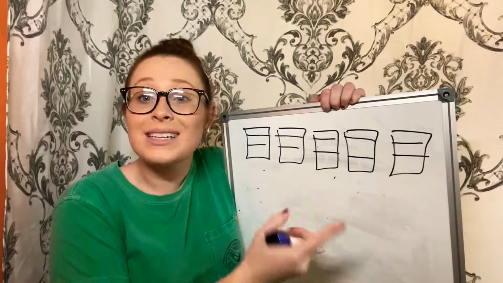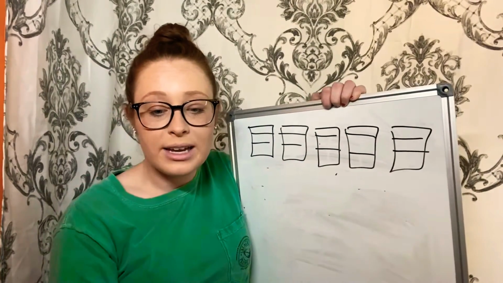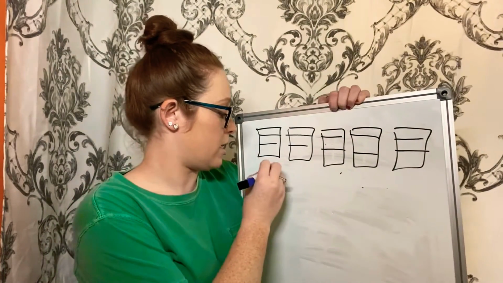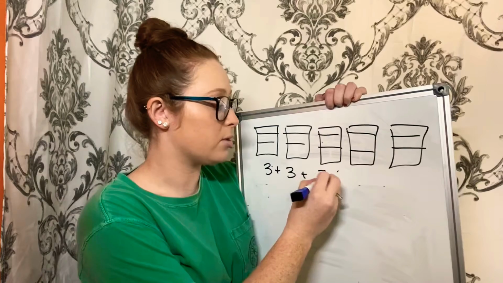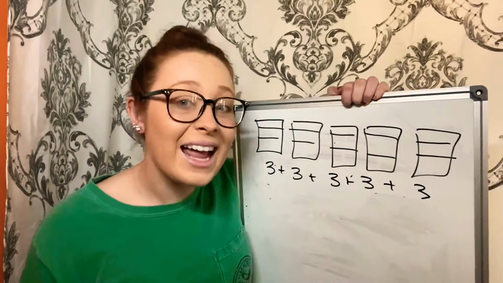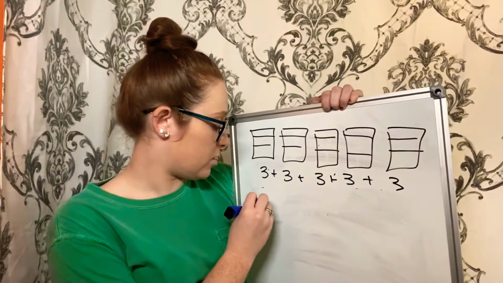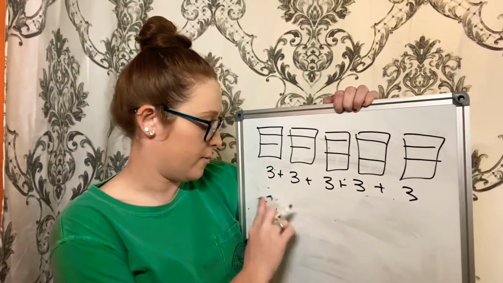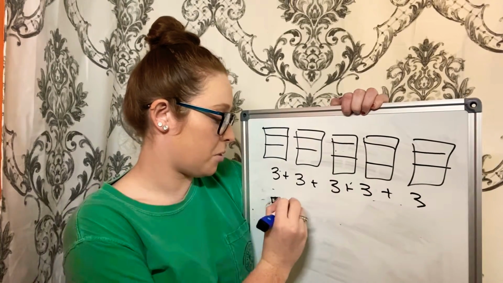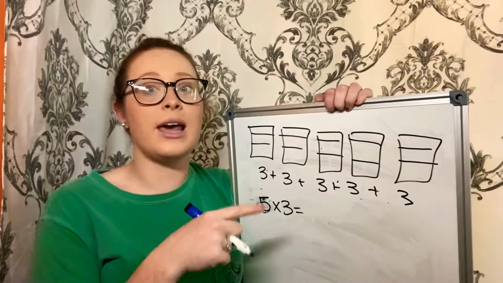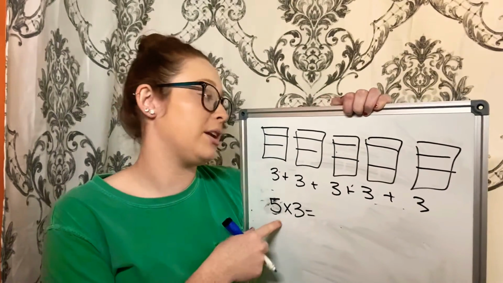If you look at the top, it has the 3, so like 3 plus 3 plus 3 plus 3 plus 3. We could add 3s, and then down below it says 5 times 3. So we can add by 3s or we can count by 5s. Let's add by 3s first, and then we're going to come down here and do the bottom.